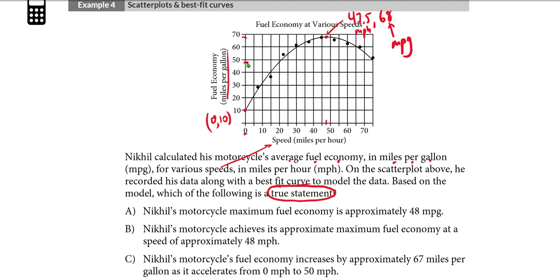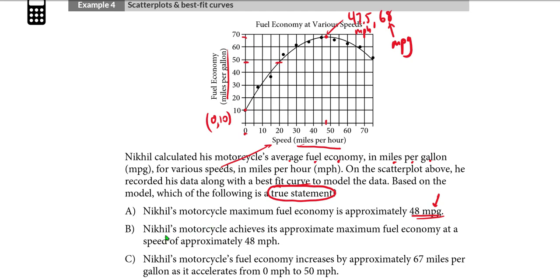That is not his maximum fuel economy. We said his maximum fuel economy was 68. Most likely what College Board is doing with answer choice A is they're trying to confuse students with that 48. You can see that the maximum point on the curve does occur at an x value of 48, but remember our x-axis is miles per hour, not miles per gallon.